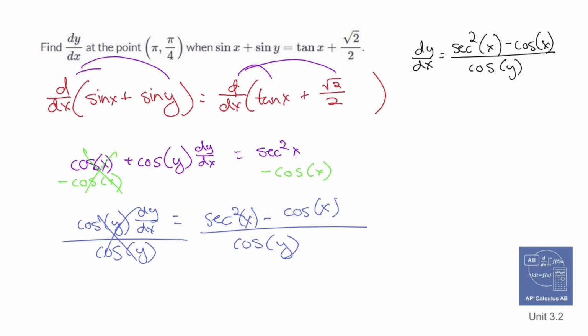Let's plug in our points. So dy/dx at that point is going to be secant squared pi minus cos pi over cos y, which is pi over 4.